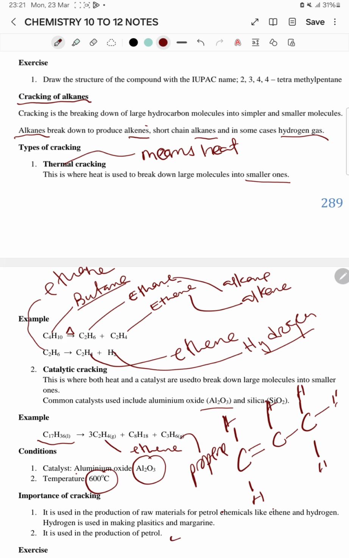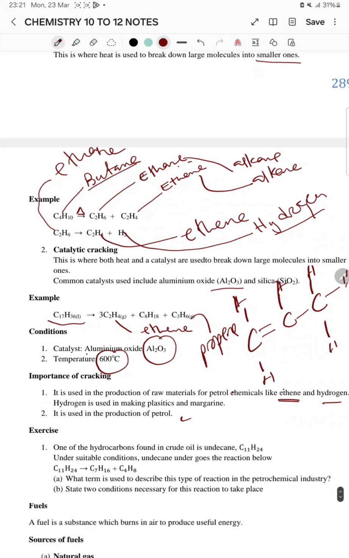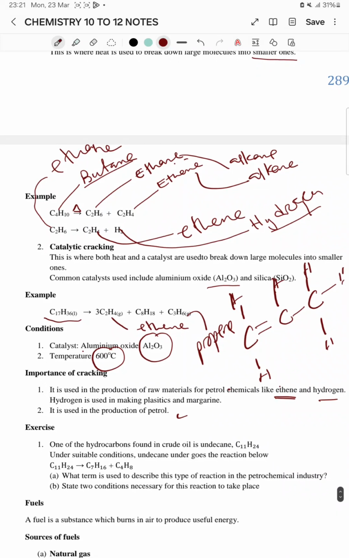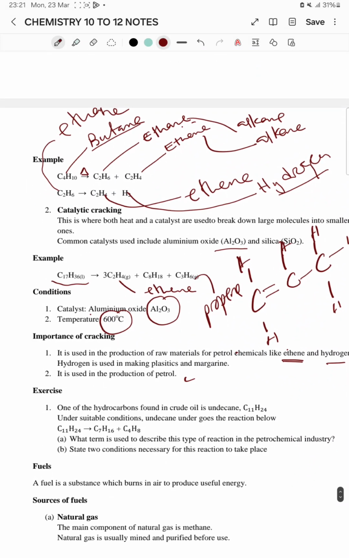You can just say it is used to produce ethene and hydrogen gas. Then you can also say it is used in the production of petrol. So that's about that. Next time when we meet, we'll start looking at what we call fuels.